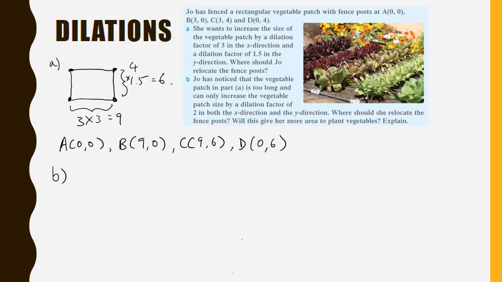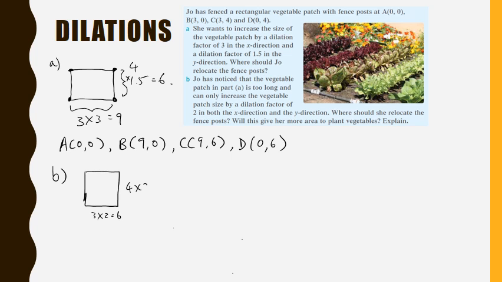Joe has noticed that the vegetable patch in part A is too long and can only increase the vegetable patch by a dilation factor of 2 in both the x and y directions. So this time around we want to multiply by 2, so 3 times 2 gives us a 6.